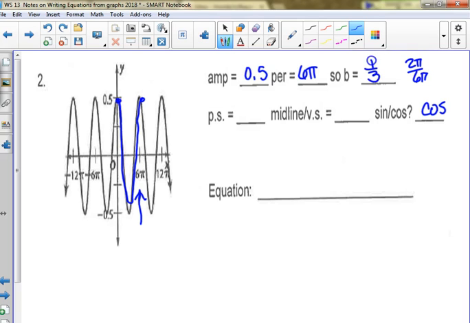Okay. Do we need a phase shift? Because we said cosine, so the maximum is right here at the y-axis, so we don't need one. The midline, did that move? Just y equals 0, so you don't really need one. Okay. So anybody already do their equation?